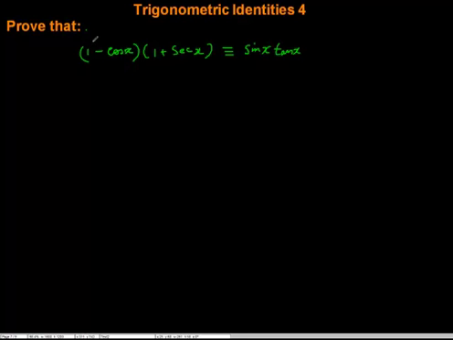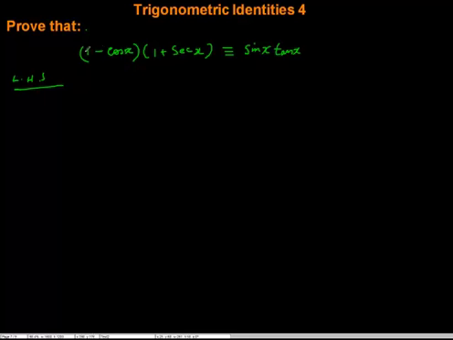In this case we need to prove left hand side equal to right hand side. Once again I've got double bracket on this side, so I should start from left hand side. I can see brackets here. There's nothing I can do in these brackets, so what I should do is start multiplying the contents of the first bracket by the second.